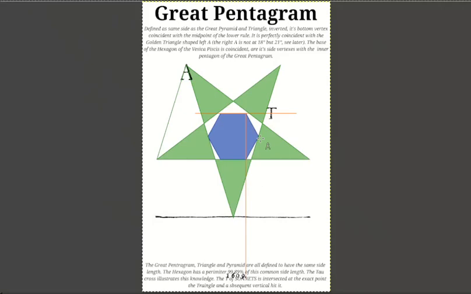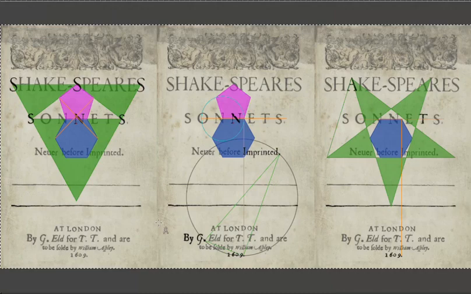So that's, you know, all these properties are irrespective of the page. They're just properties of the geometry. But that's our Vesica piscis, which corroborates the pyramid.